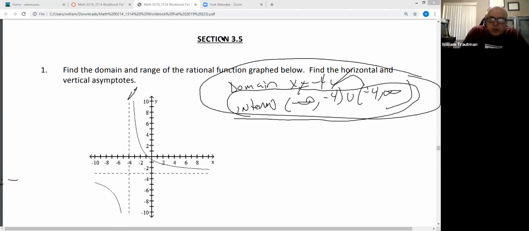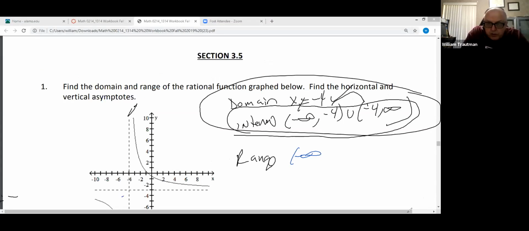similar. Range is what can y equal, and I'm going to do range in dark blue. If you look, this graph goes way down here. So the lowest part of the graph is negative infinity. It comes all the way up.